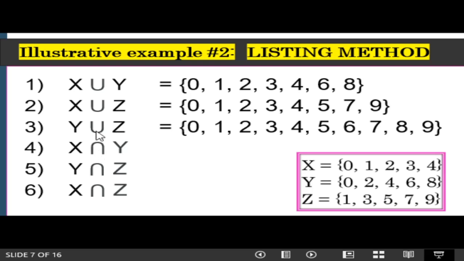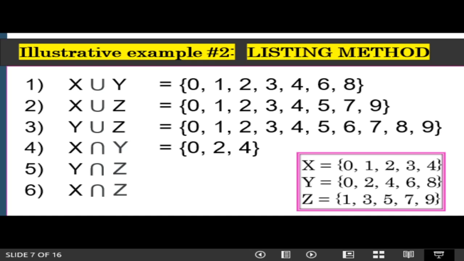Again, the intersection is just the common element or common number found in both sets. So for X and Y, we have 0, 2, and 4. So in YZ, what do you think is or are the common elements in both sets?